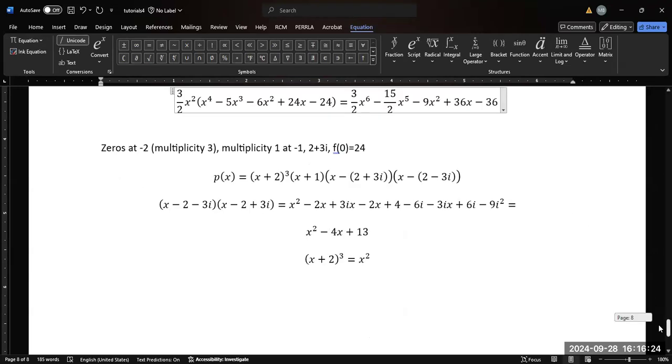All right, so x cubed plus 3 times 2, which is 6, x squared plus 3 times 2 squared is 12x, and then 2 cubed is 8.